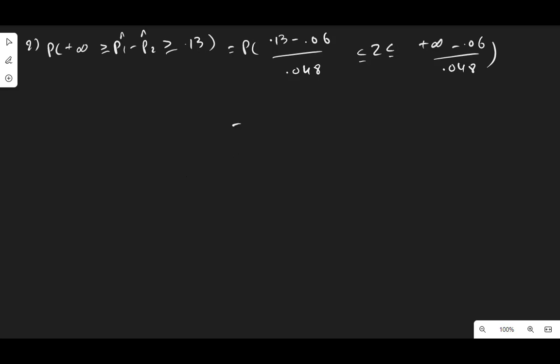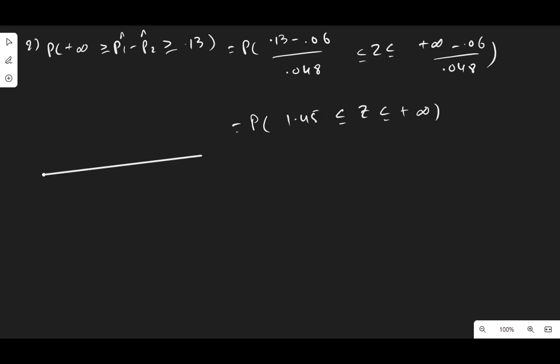So this is equal to 1.45 is less than Z is less than infinity.